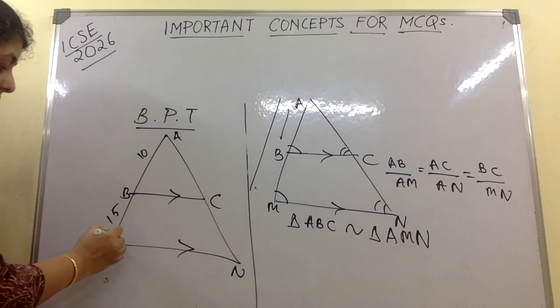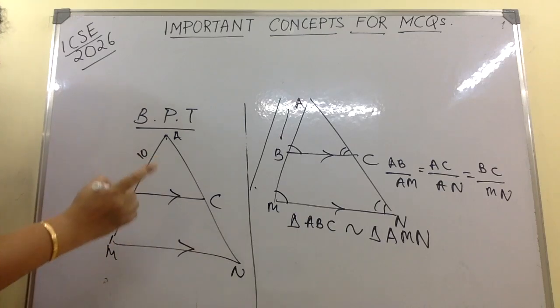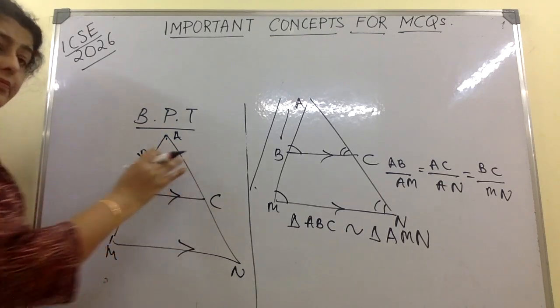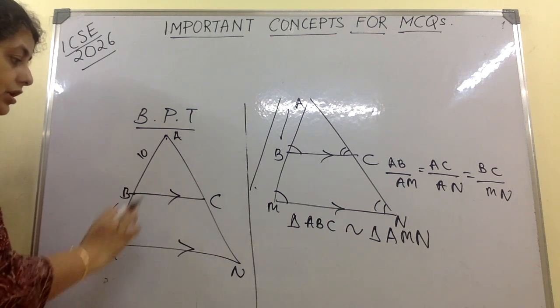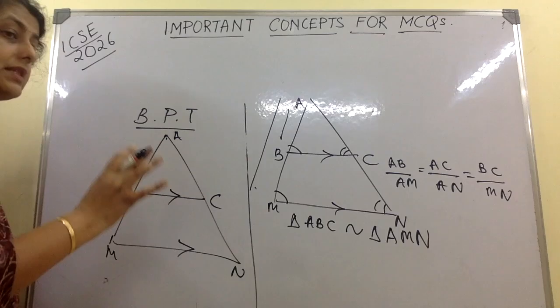They have told you BM is 15 and AB is 10, and they have asked you to find this side.